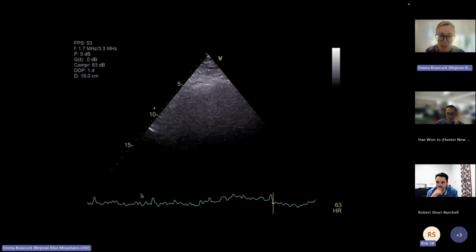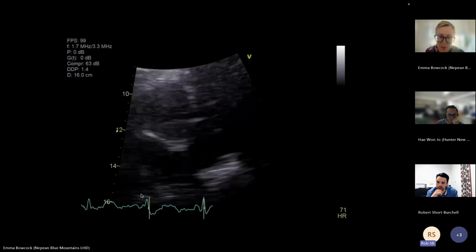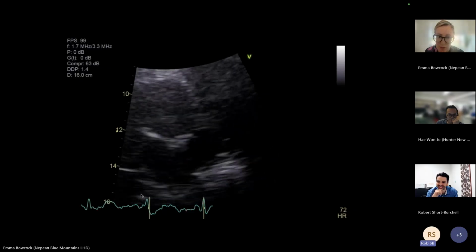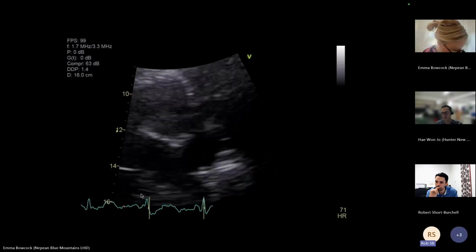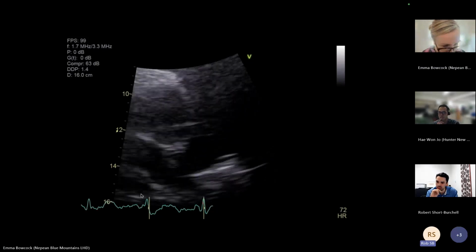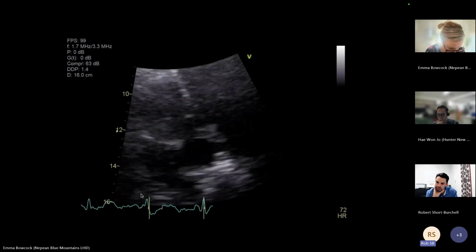So what would you like to do next for this lady, Rob? In terms of imaging or management? Both. So I think we've established that there's a pressure and volume overloaded RV, and we've got the likely diagnosis.